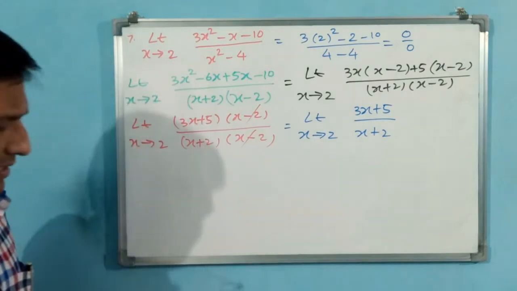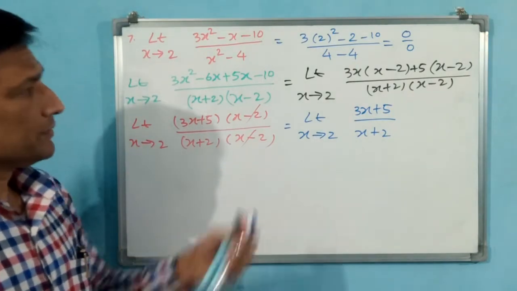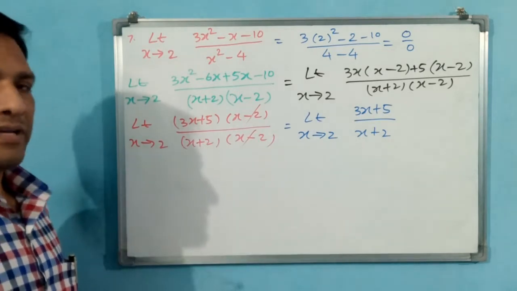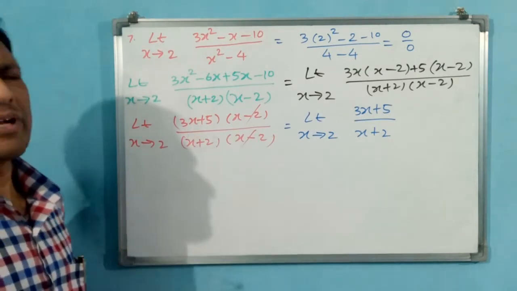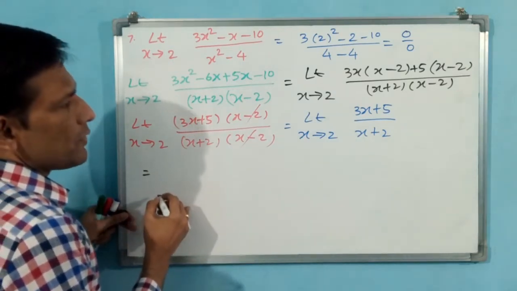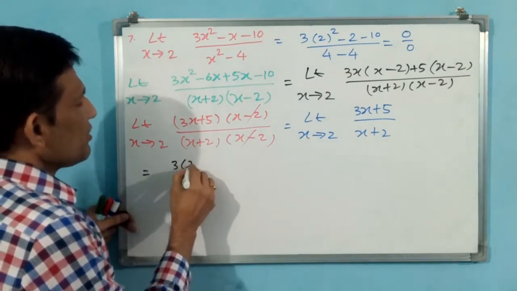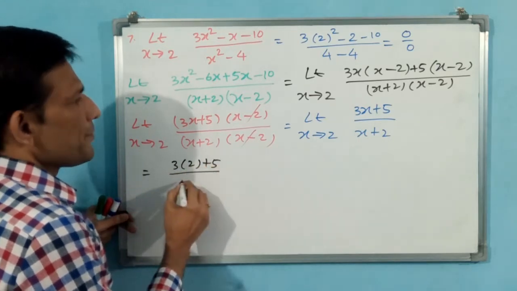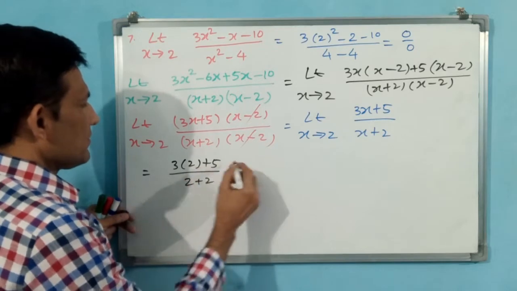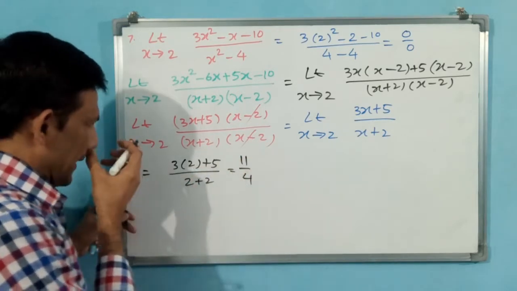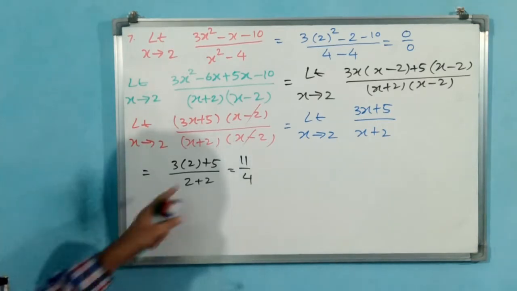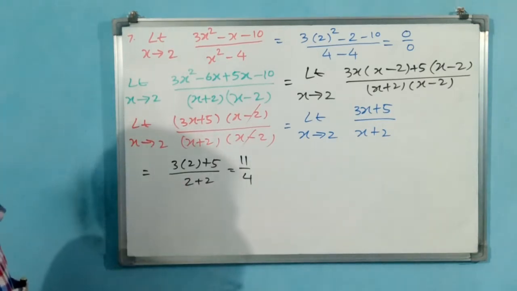Because the denominator is not going to come 0, we can confidently substitute. Even if the numerator comes 0, we don't bother. That is 3 into 2 plus 5 by 2 plus 2, 6 plus 5, 11 by 4. 11 by 4 will be your answer.